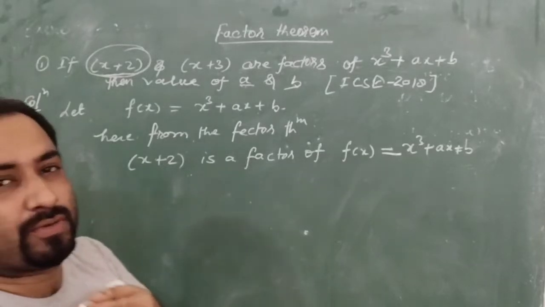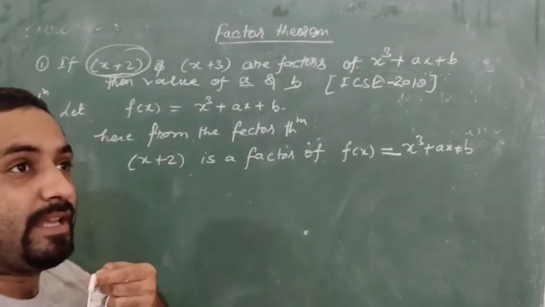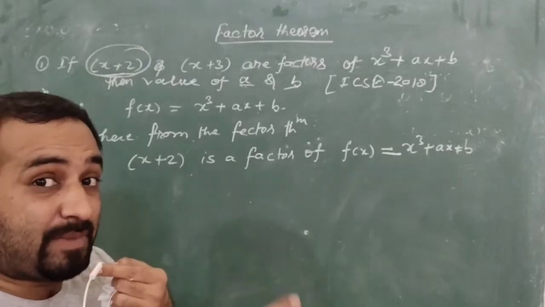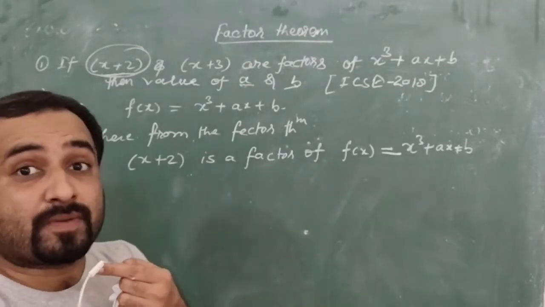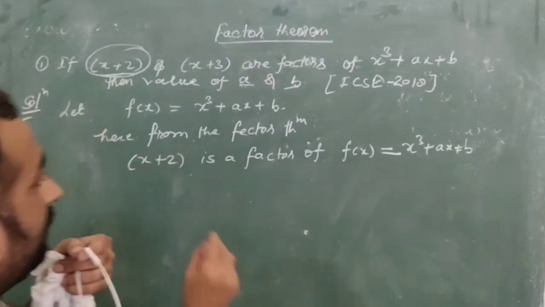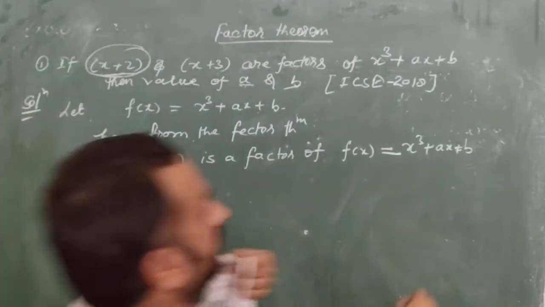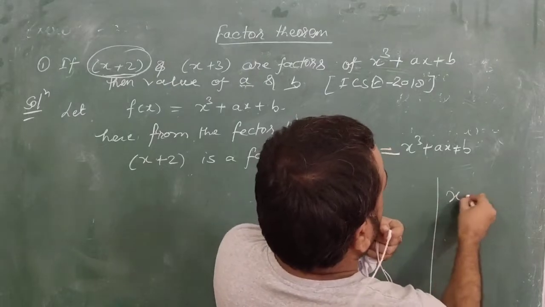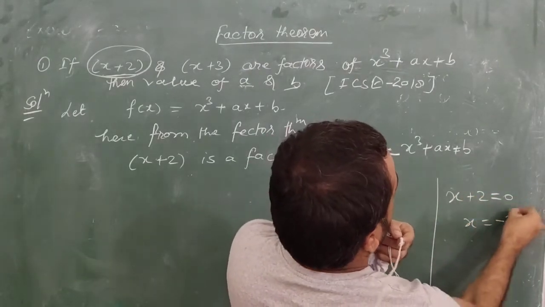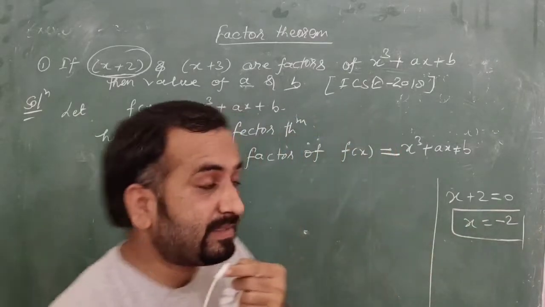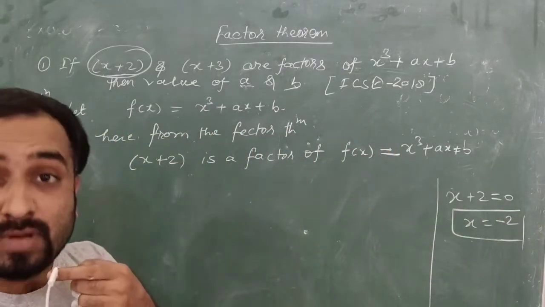According to the theorem, if x minus a is a factor of f(x), then f(a) should be equal to 0. So x plus 2 equal to 0 gives x equal to minus 2. This means f(minus 2) is equal to 0.